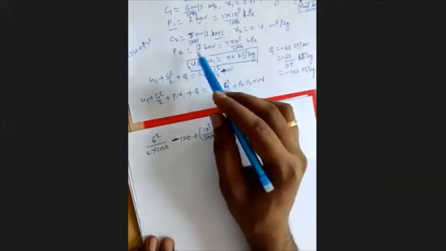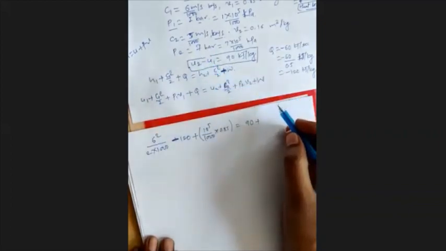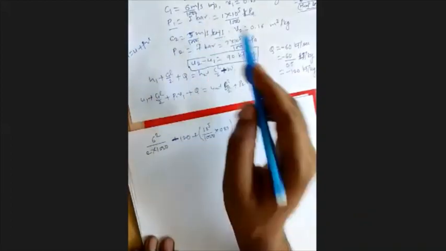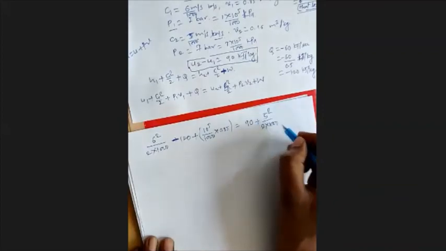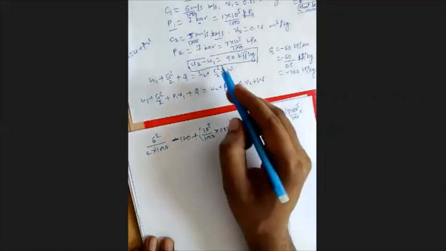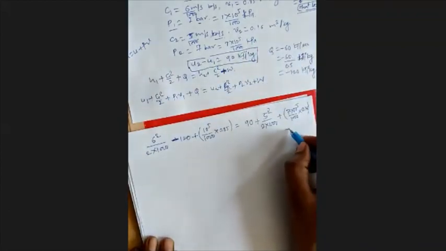What is C2? I think I committed some mistake. No, 6, 5. Okay, that is correct. 5 square by 2 into 1000 plus what is P2? 7 into 10 raised to 5 by 1000 into what is V2? 0.16 plus W as it is.